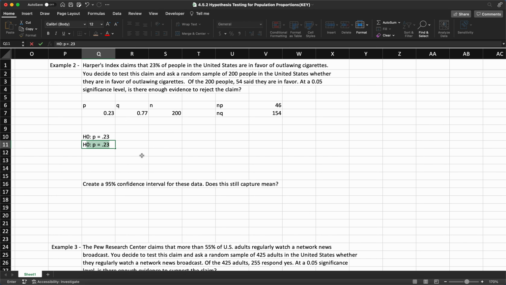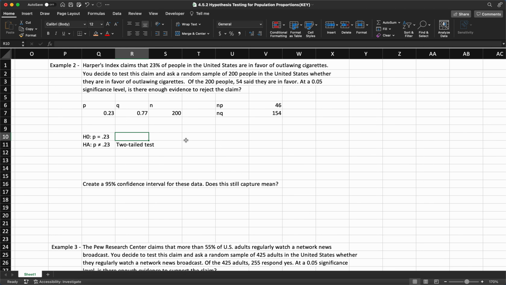Our alternative hypothesis, we're trying to see if we can reject this claim. So what that would mean is that P is not equal to 0.23, and so this is a two-tailed test. So there's my null and my alternative hypothesis.